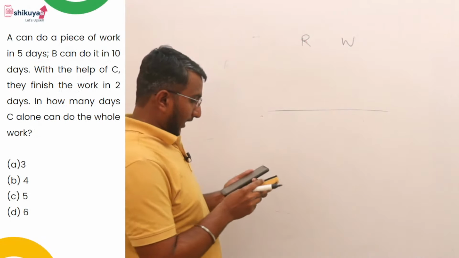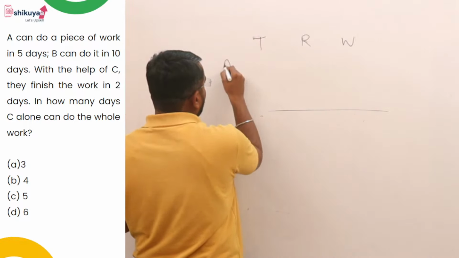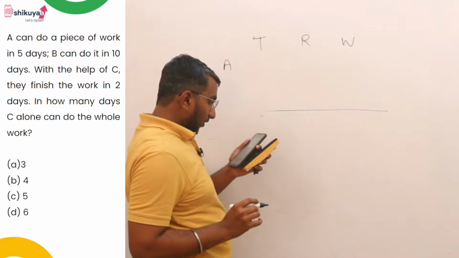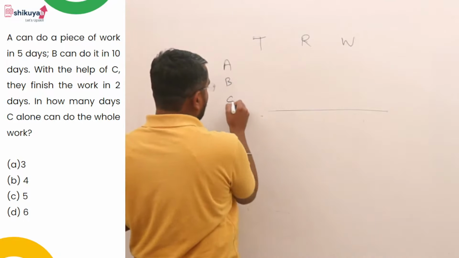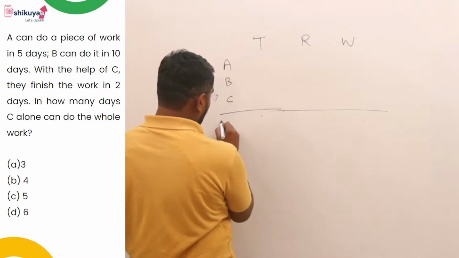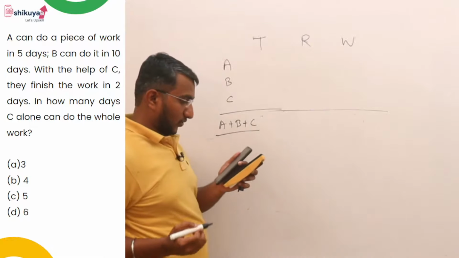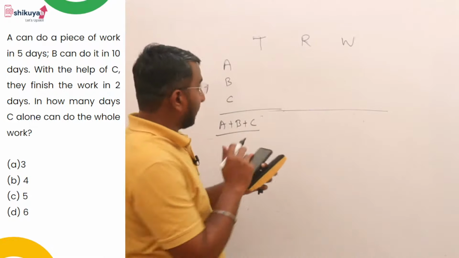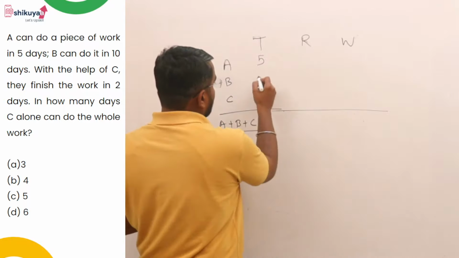Next example, A can do a piece of work in 5 days. So same table. B can do it in 10 days. Okay. C, and A plus B plus C together. So here A can do it in 5 days. B can do it in 10 days.